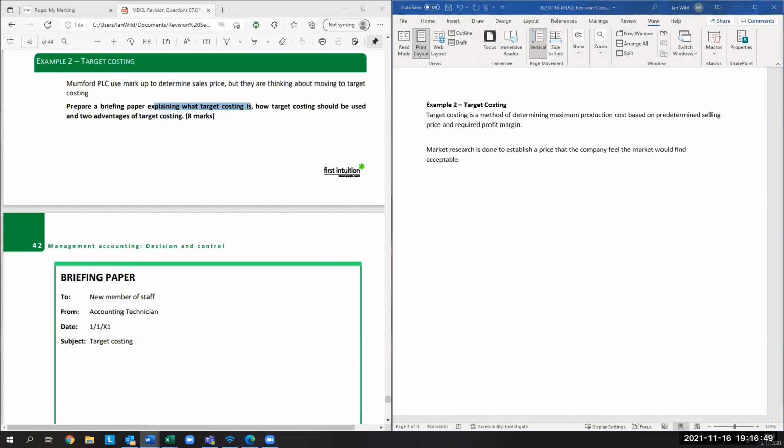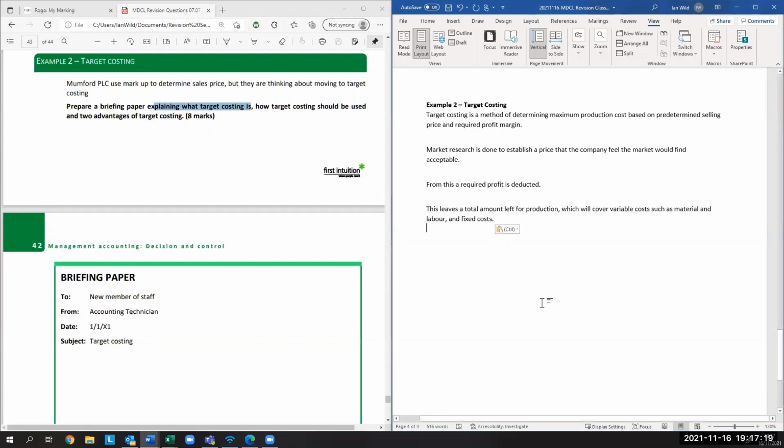We'll then decide how much profit we want to make, and we will deduct the profit from the selling price. We decide how much profit we want to make on each unit, and we deduct that profit. And that will leave us with our costs.